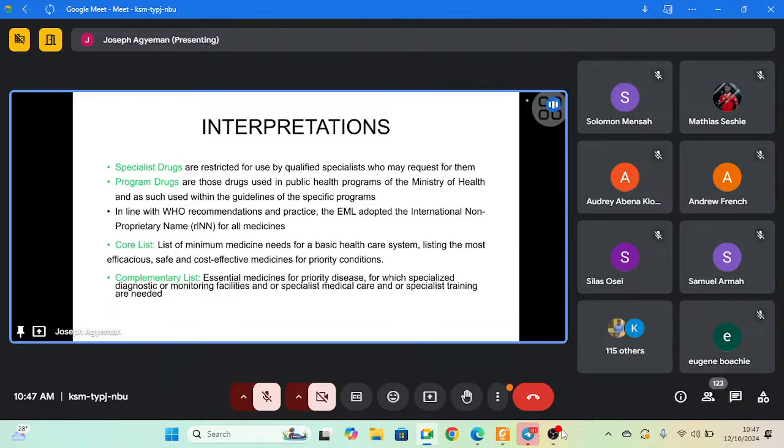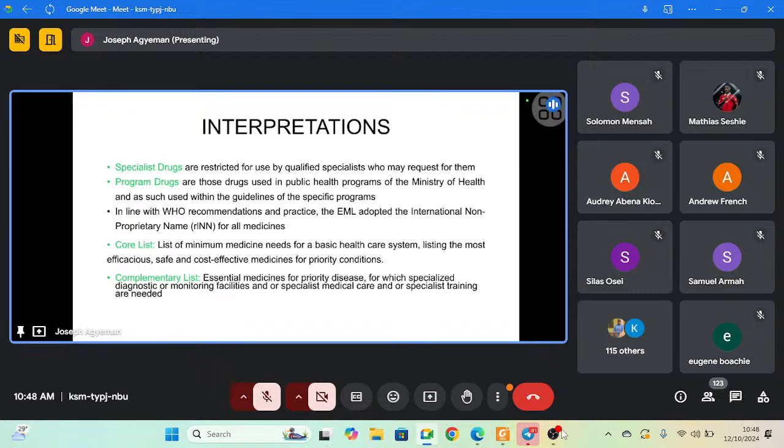You use the international non-proprietary name. And if you want to insist on a certain brand, you put the brand name in brackets. If you are a pharmacist or a dispenser and you are labeling your drug for a particular patient, you bring the name of the drug at the back of the envelope. Make sure that you have the international non-proprietary name there.